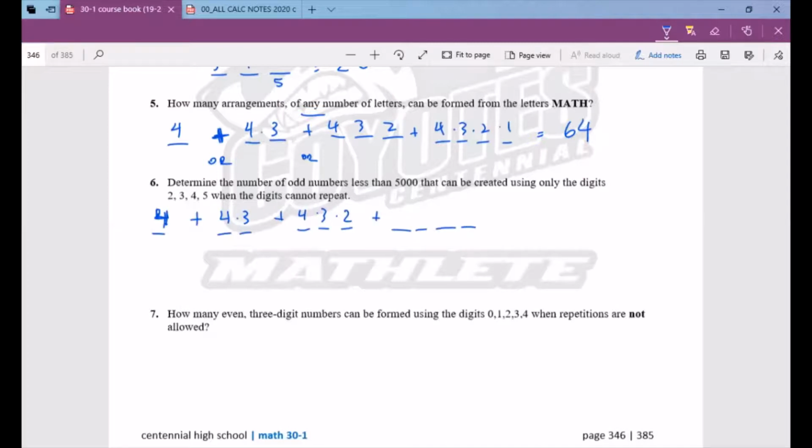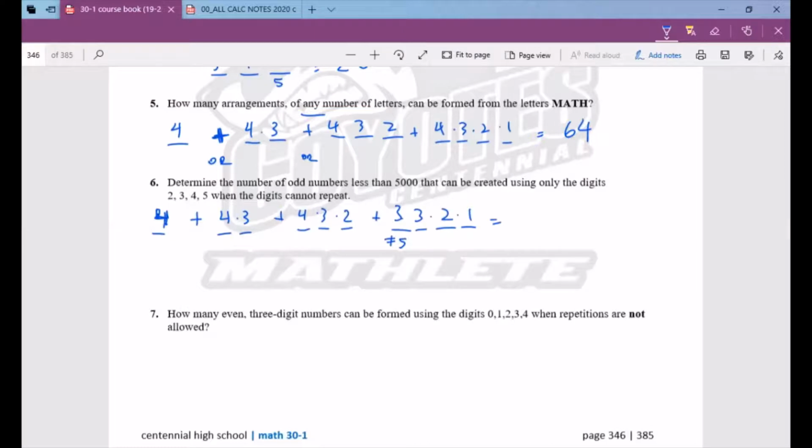it has to be less than 5,000. So we need to be careful in this step that if it has to be less than 5,000, if we're putting these numbers together, this can't be a 5. Then that number would be more than 5,000. So it can be either 2, 3, or 4. So we have 3 choices, and then 3, and then 2, and then 1.